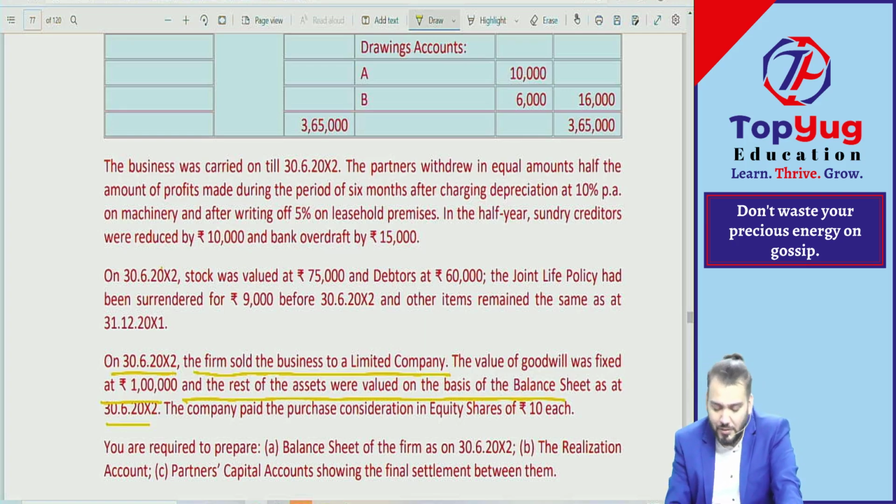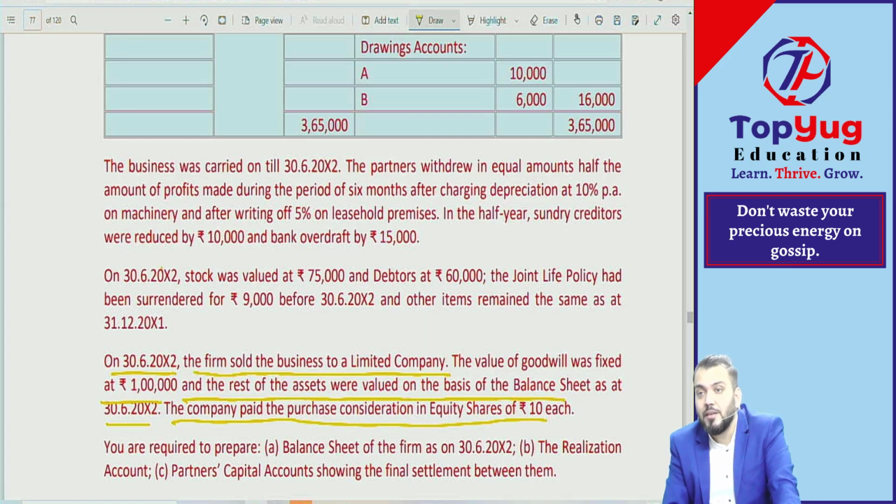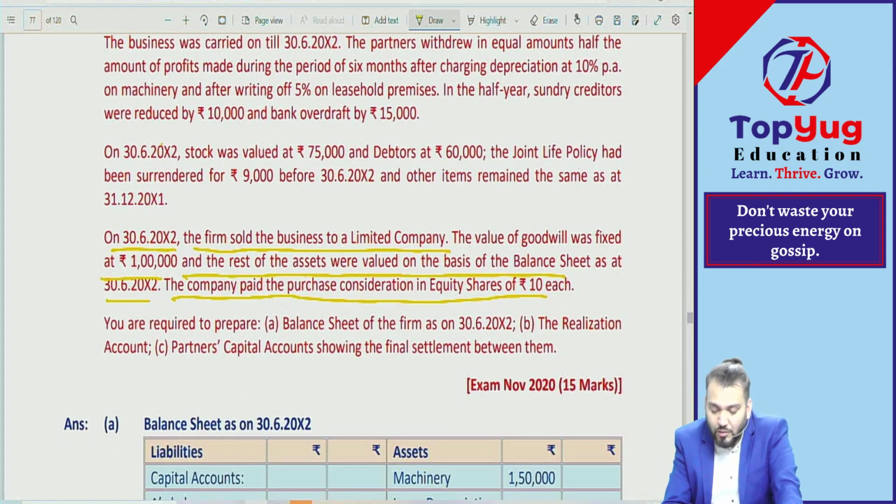The company paid the purchase consideration in equity shares of rupees 10 each. In this question the purchase consideration is not given, so we need to calculate it. Whenever payment information is not given, we use the net asset method, so we will use it for calculating the purchase consideration.